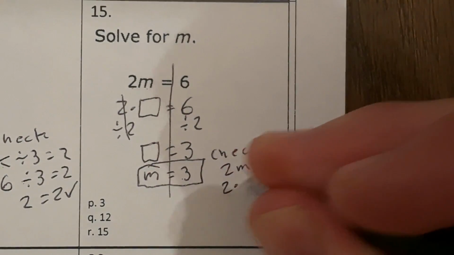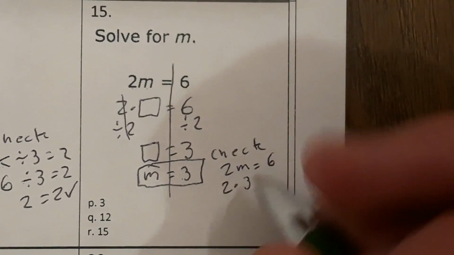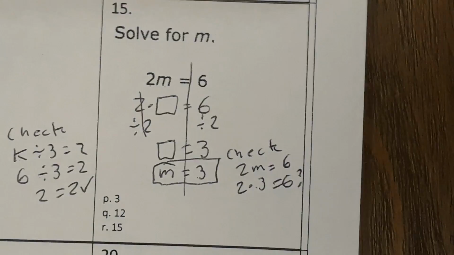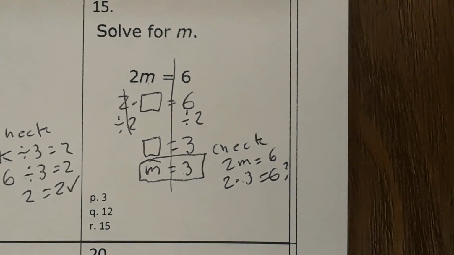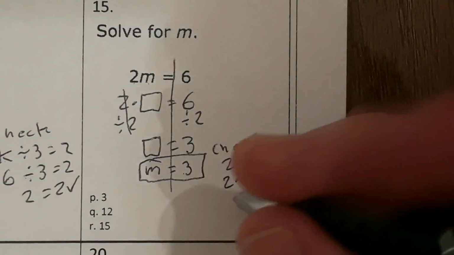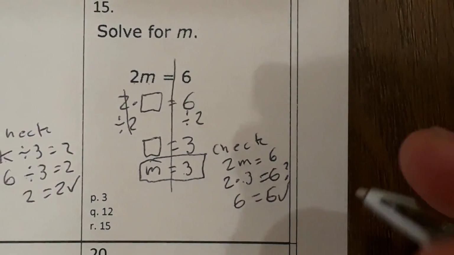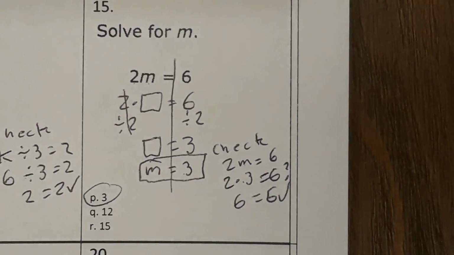So remember, that's 2 times 3, not 23. Don't put 23. So 2 times 3 equals 6, question mark. Two times 3 is 6 equals 6. So check, m is equal to 3.